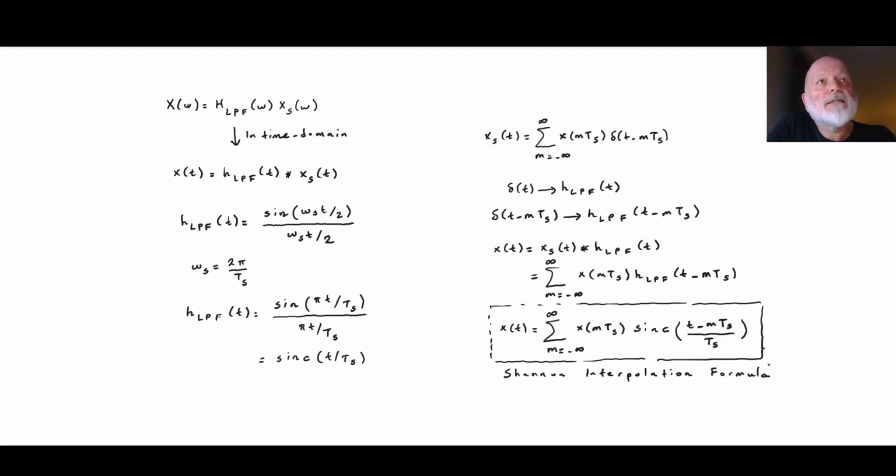But as long as the condition omega s greater than 2 omega m is satisfied, where omega m is the highest frequency in the spectrum of x of t, that is, if the sampling frequency omega s is greater than 2 omega m, we are able to reconstruct the signal without any information loss from its samples. And this single formula just tells us this fact.